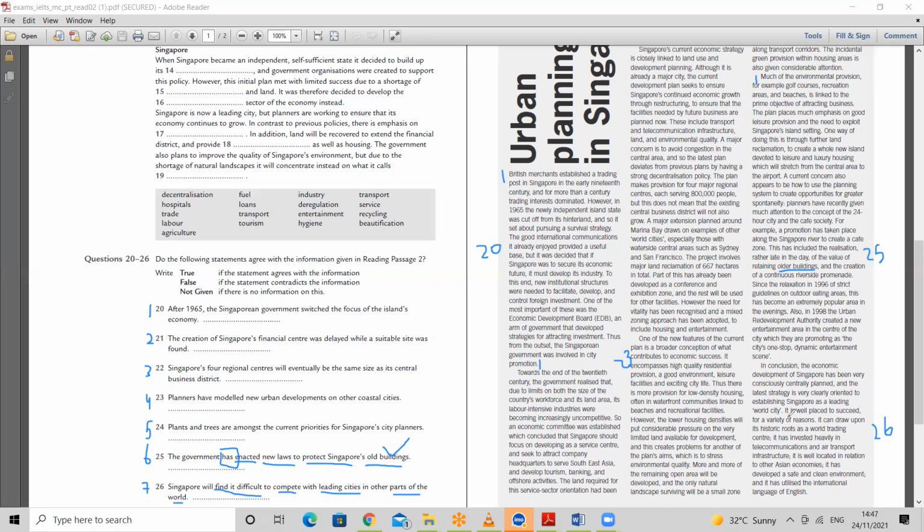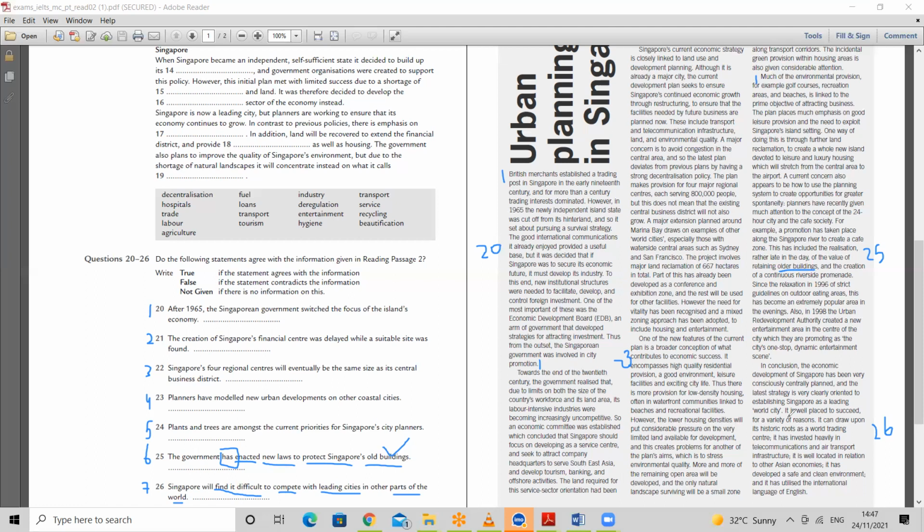And you can also see at the beginning it says that the economic development of Singapore has been very consciously centrally planned. So the information is there, but they're quite opposite. Keeping this in mind, you can quickly decide the information is the opposite, so it is false. Okay.